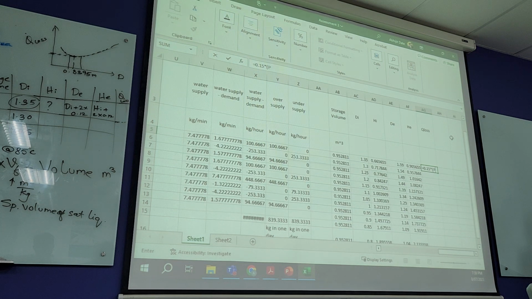Now you've got 5 times external height times external diameter plus 2 times pi times external diameter squared times 5 divided by 4.